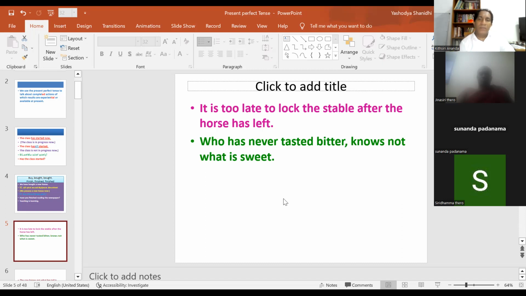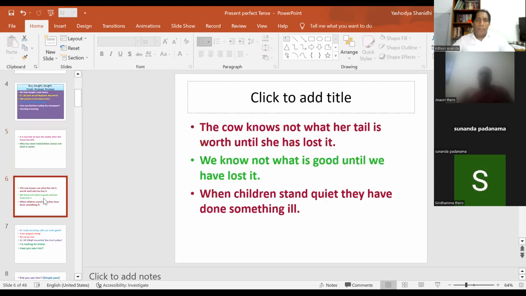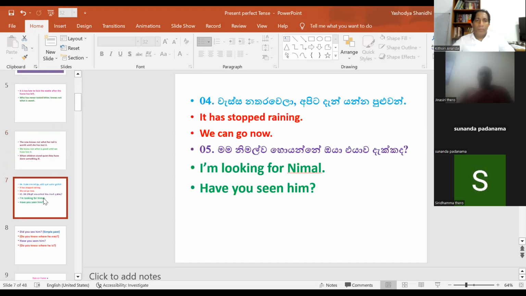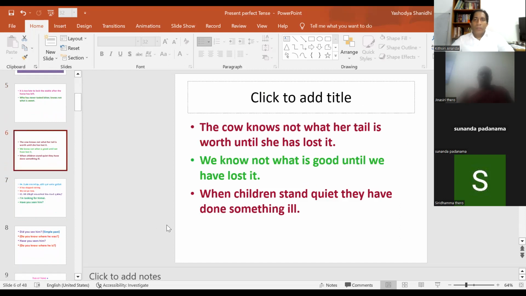Who has never tasted bitter knows not what is sweet. Who has never tasted bitter doesn't know what is sweet. The cow knows not what her tail is worth until she has lost it.